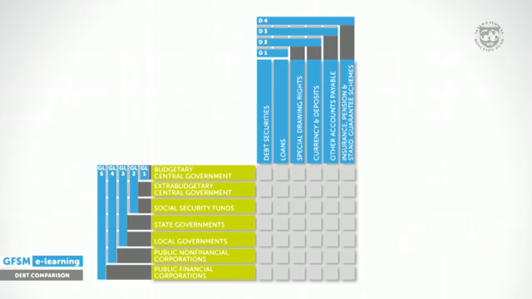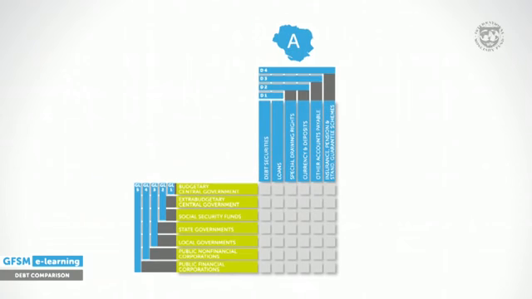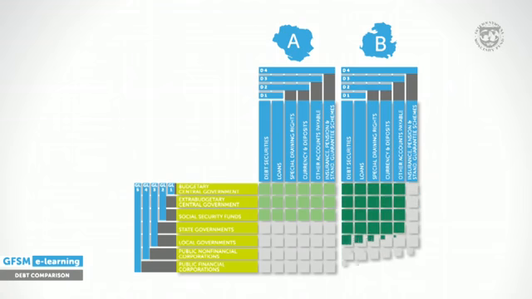Let us look at an example. Suppose we have 2 countries with the following coverage. Country A disseminates data covering all debt instruments, but does not publish data on state and local governments. Country B disseminates general government data, but has no data covering standardized guarantee schemes. To compare like with like, instruments and sectors need to be matched as displayed in the matrix.